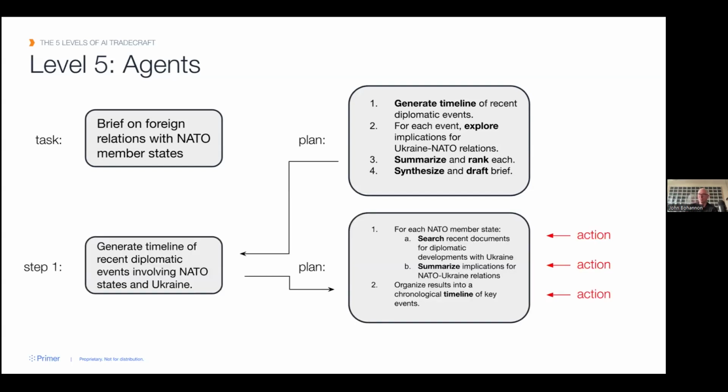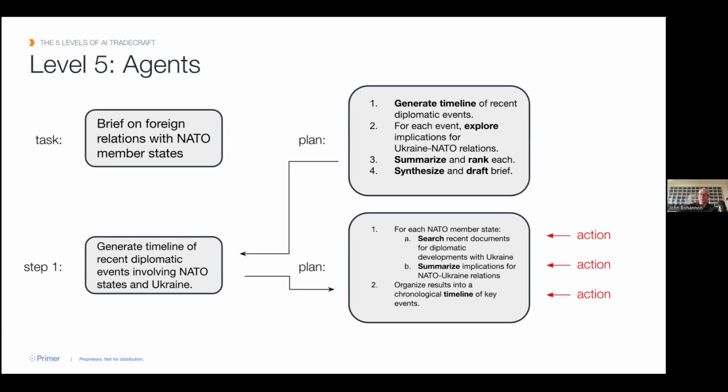So, the way that would actually play out is step one would result in generating a step one plan. So to achieve step one, I would have to do this. For each NATO member state, I'm going to have to launch a search on recent documents for diplomatic developments with Ukraine. I've got to summarize them, organize them into a chronological timeline of key events.